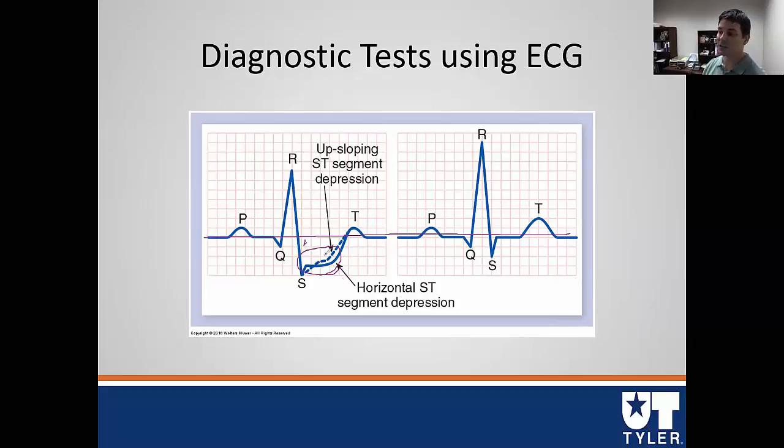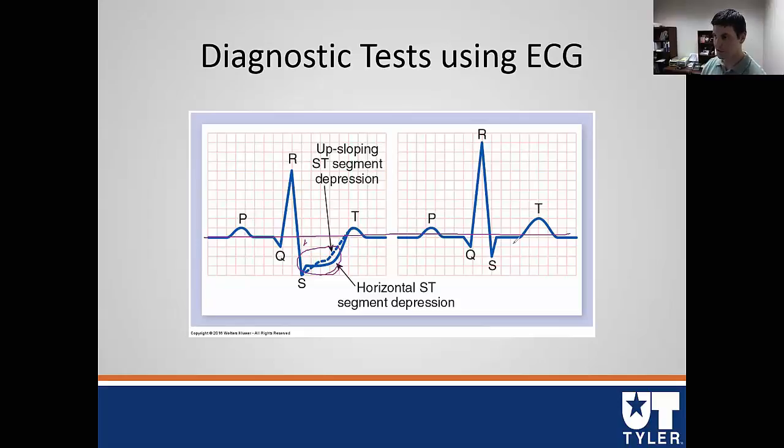This suggests that there's some type of lack of blood flow in the heart that is causing this abnormality, and it suggests that that person may be at high risk for a heart attack. If you saw this as an exercise physiologist in the test, you would immediately call a cardiologist and say, hey, we need to get this guy into the cath lab to do some type of angioplasty or balloonplasty, because they likely have blockage in their coronary arteries.